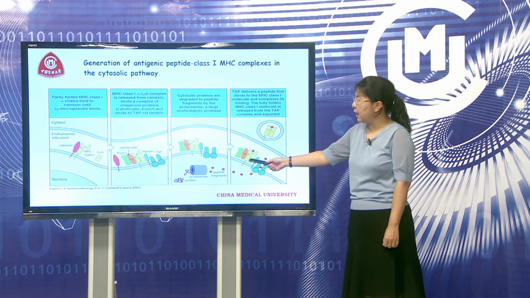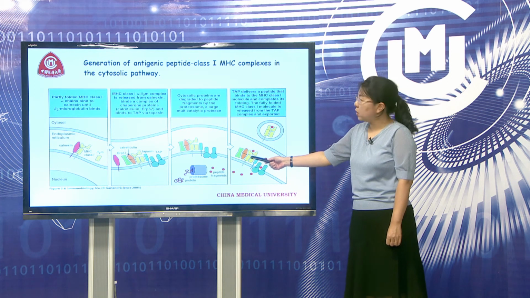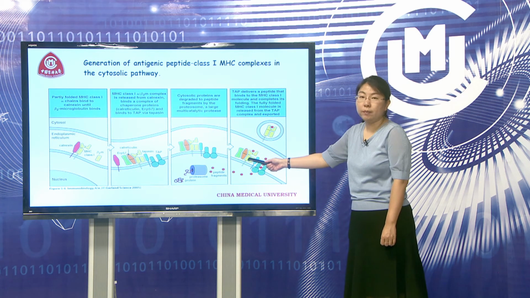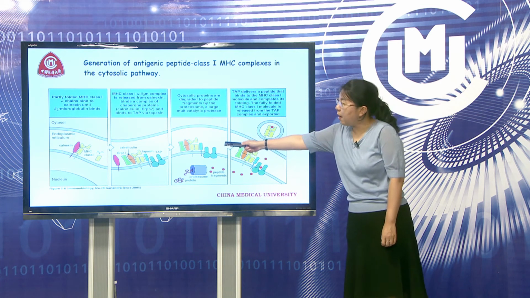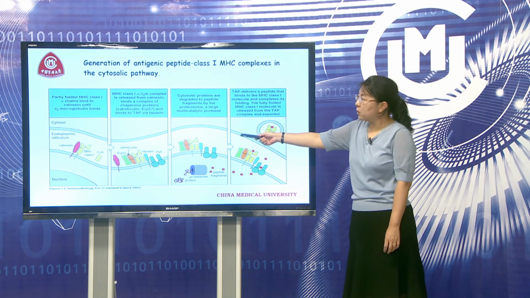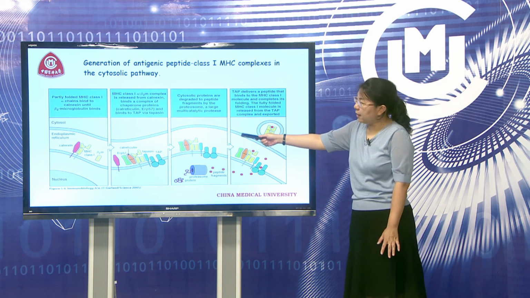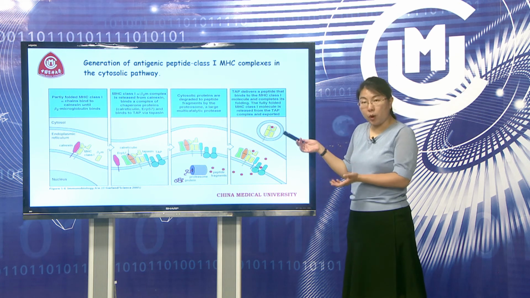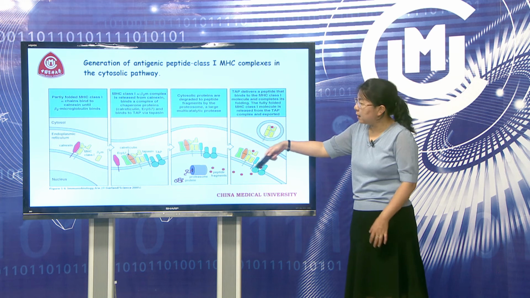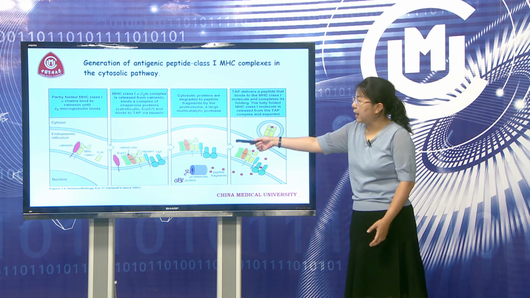Now let's see the MHC1 molecule. The MHC1 molecule is in the endoplasmic reticulum, and it has some other proteins we call chaperones. This chaperone is also a complex with many proteins, for example ERp57, calreticulin, and tapasin.